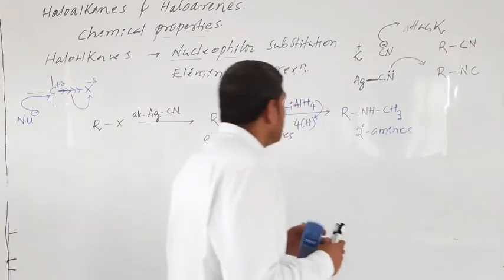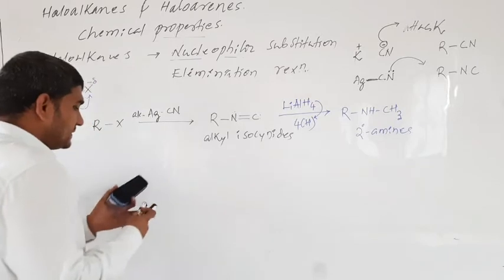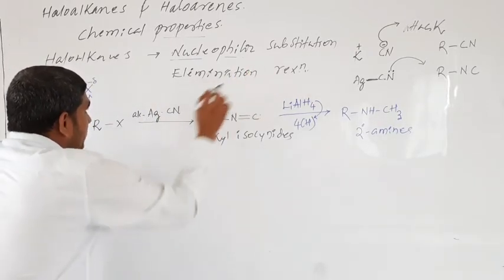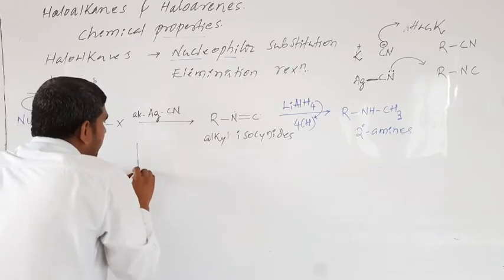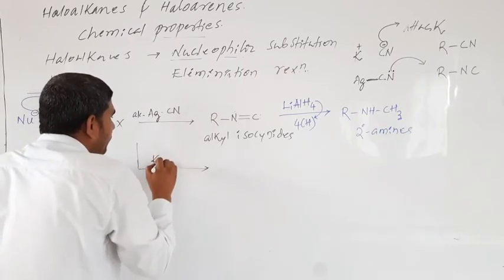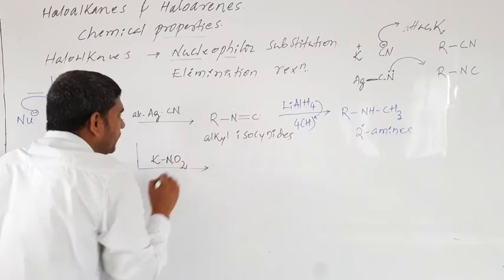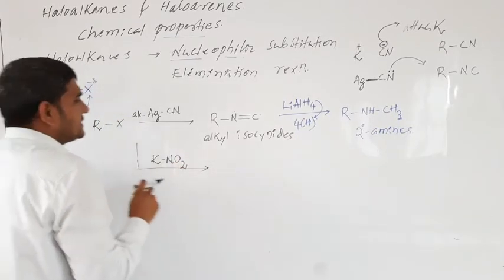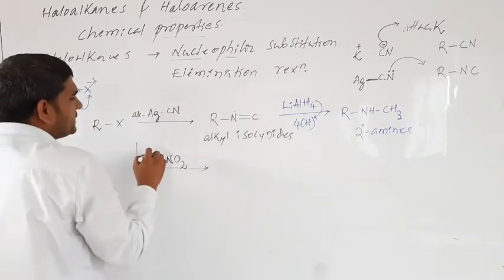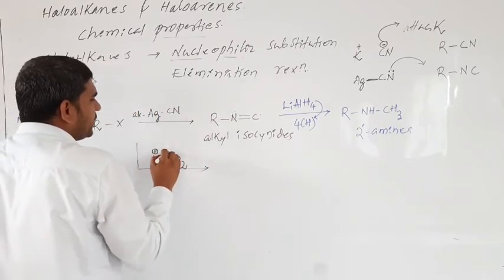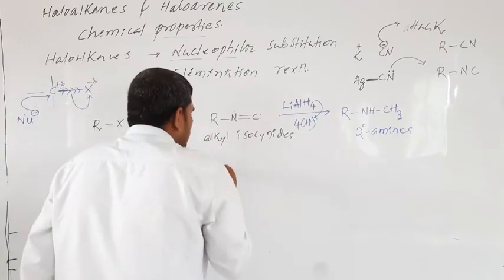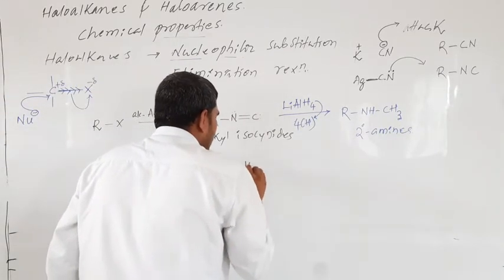Now the next one is KNO2. When KNO2 reacts with RX, what is the product? Listen carefully. Over here also there is a pure ionic bond, K plus NO2 minus. Attack takes place through nitrogen.